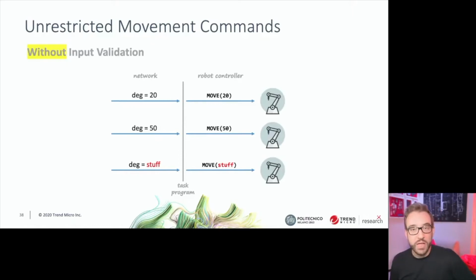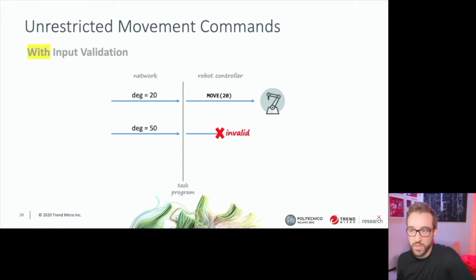We verified in a lab what happened if the safety system is not configured correctly, and we were able to damage the hand of the robot because of a lack of validation. Instead, with input validation, you can at least block unintended coordinates or unintended data from being interpreted by the program. So you even take some burden off the program.